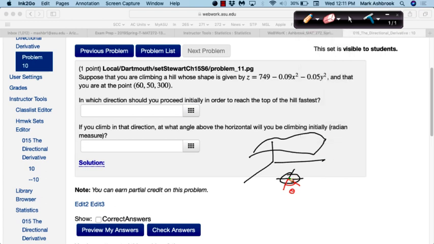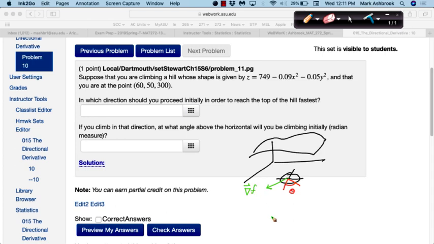Let's try this. All right, so say this is the direction of the gradient.